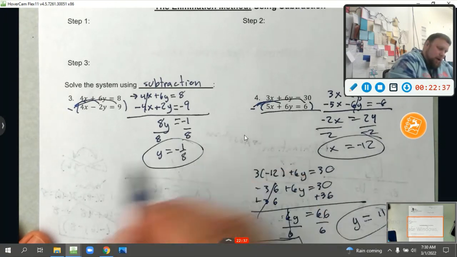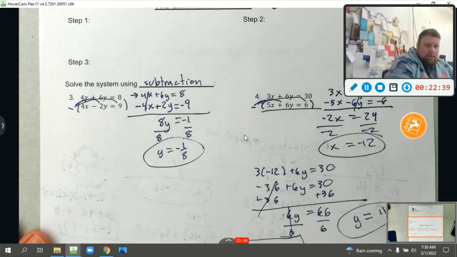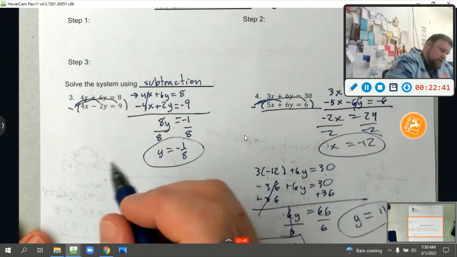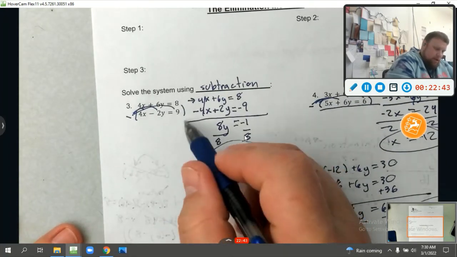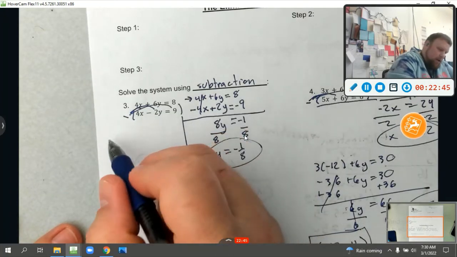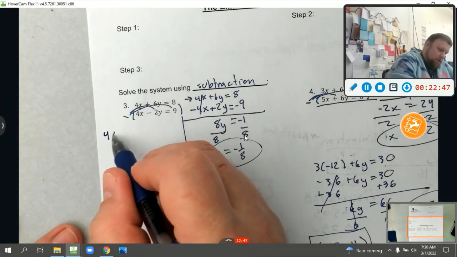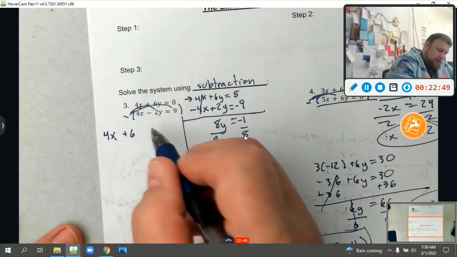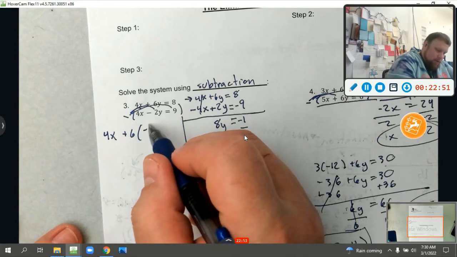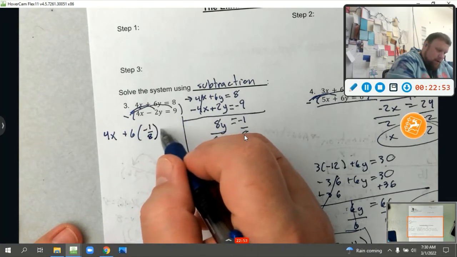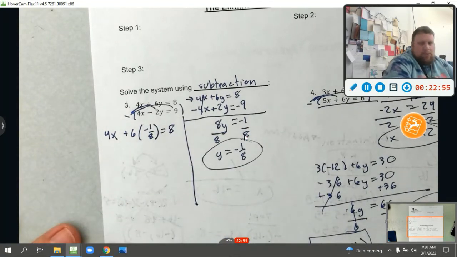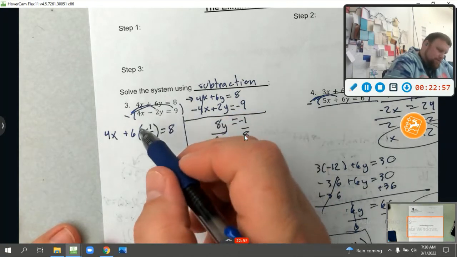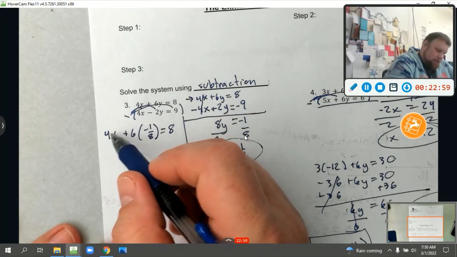So we've got our y, and I'm going to plug it into the top. Let's not freak out about it. It's a fraction. You'll be all right. So I'm just going to square off myself a little area, and instead in the top I'm going to have 4x plus 6, and instead of y, negative 1/8 equals 8. And watch what happens. First of all, I have 4x.